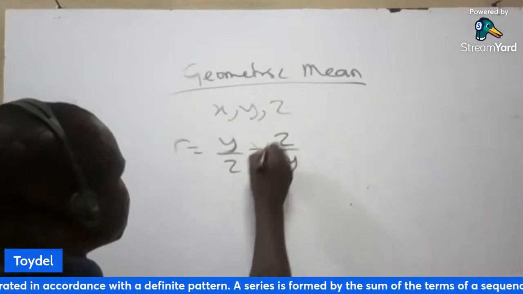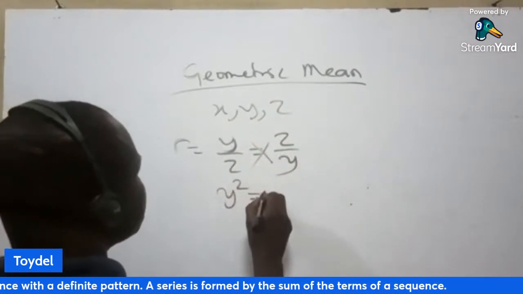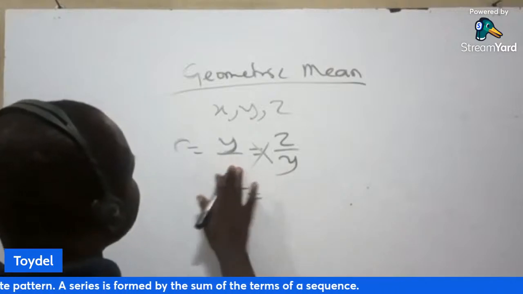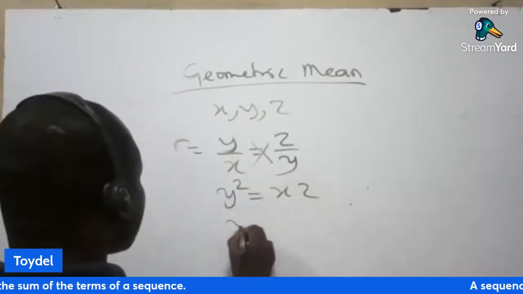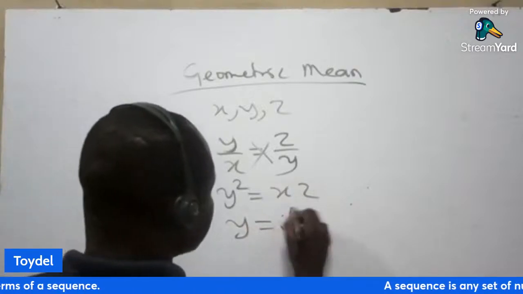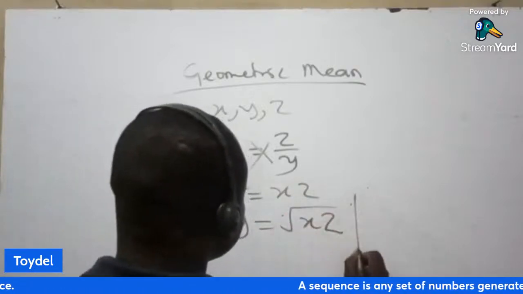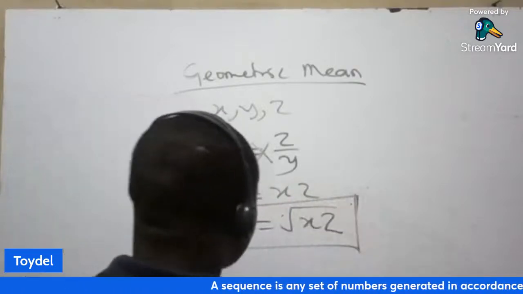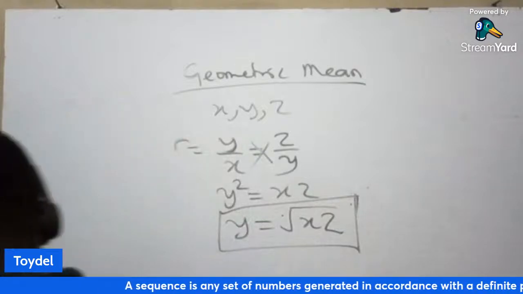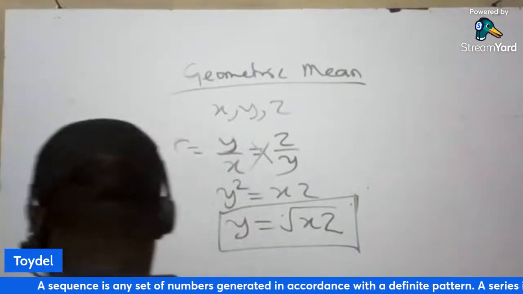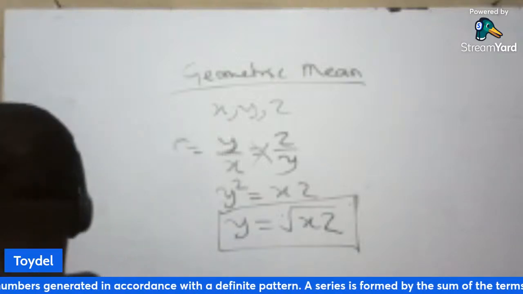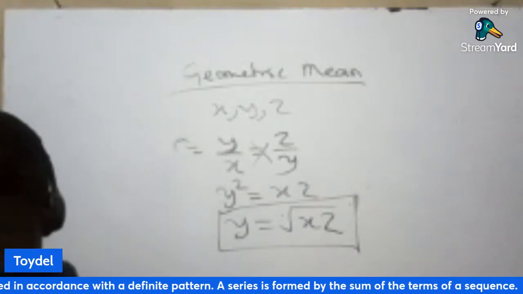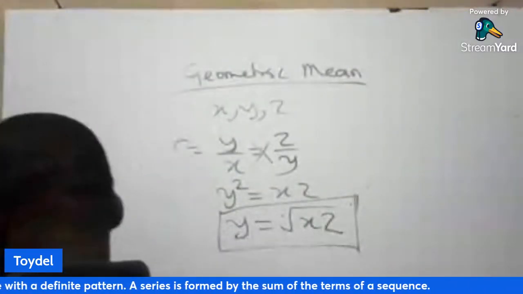So if we cross multiply here, we have y squared equal to xz. Then if I take the square root of both sides, y in this case will be the square root of xz. So this is the formula to find the geometric mean. Let's take note of it.